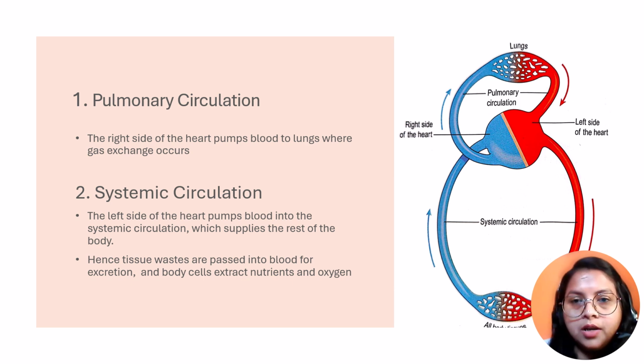The blood collects oxygen from the air sacs and excess carbon dioxide diffuses into the air sacs for exhalation. And through systemic circulation, the left side of the heart pumps oxygenated blood to the rest of the body, enabling the delivery of nutrients and oxygen while collecting waste products for excretion.